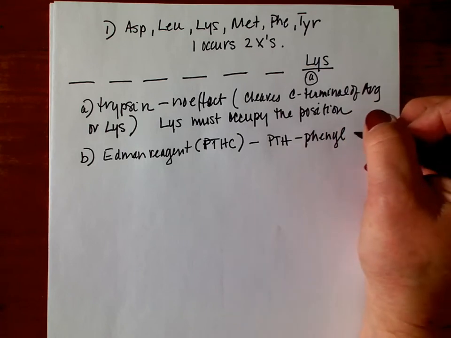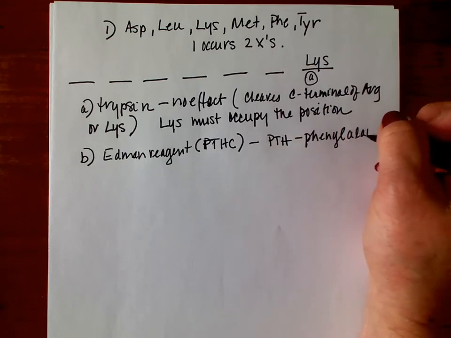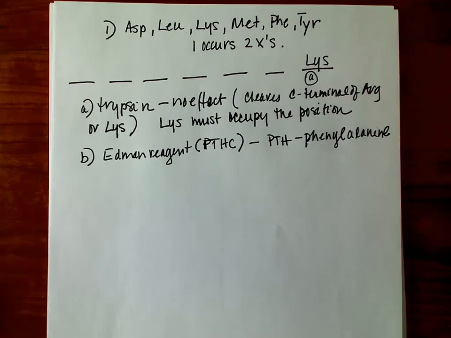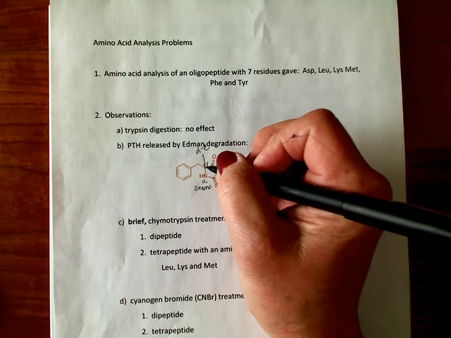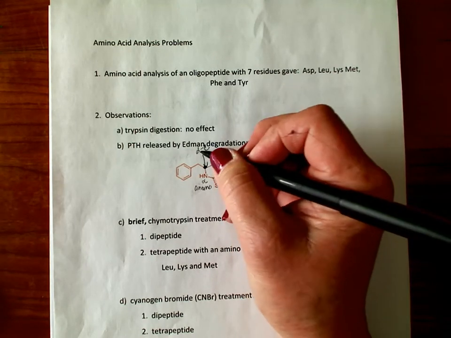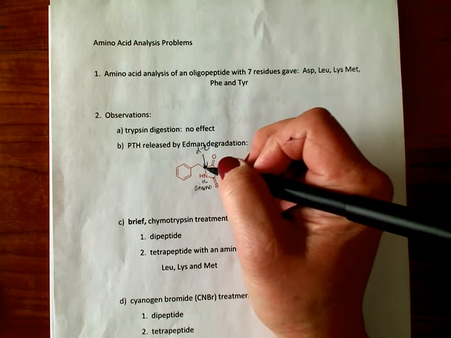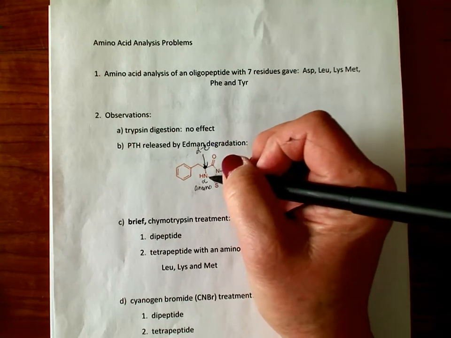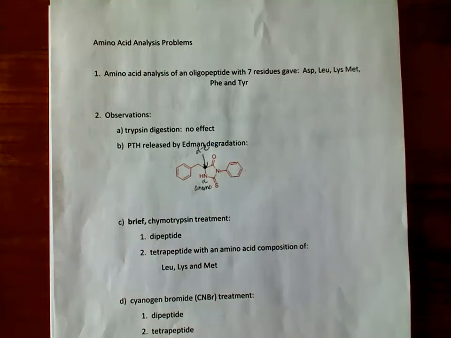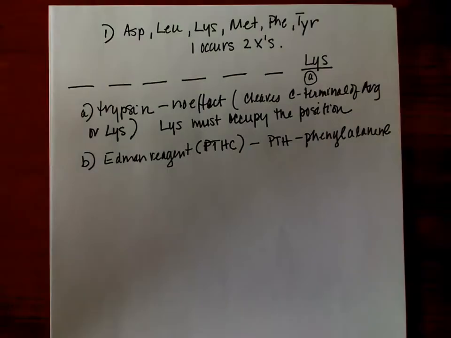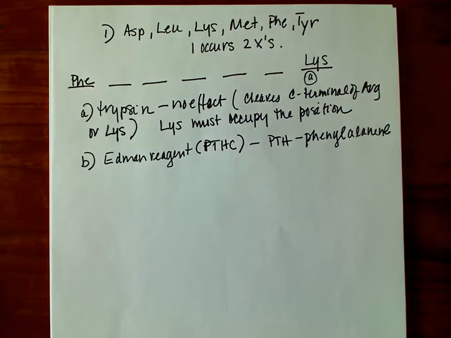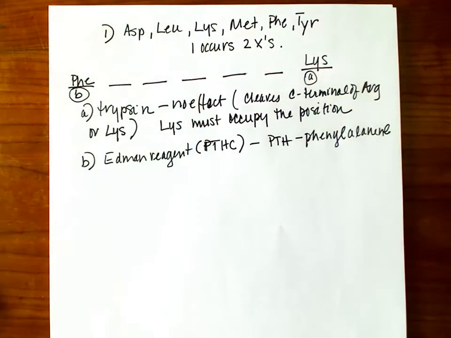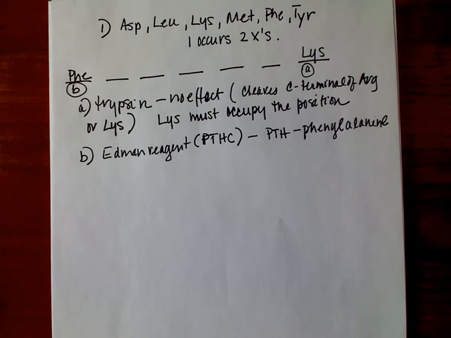Didn't look at the whole word. So taking a look at our sheet again, we've got the alpha carbon, this is the alpha amino group here, and this is phenylalanine. Okay? So that means we can place phenylalanine at the N-term of our peptide.